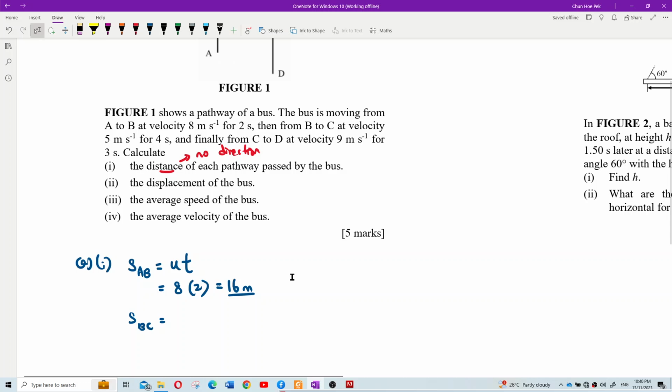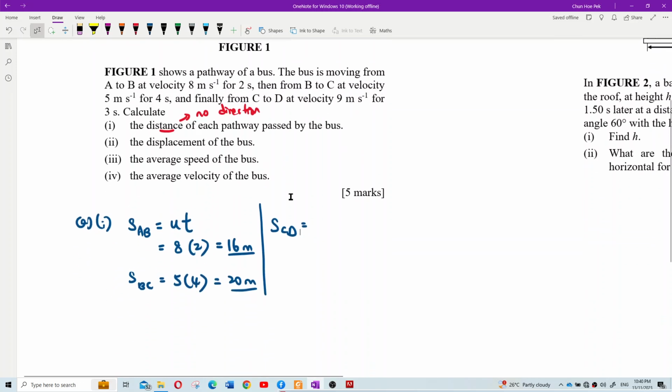So BC velocity times time, so 5 times 4, 20 meter. And then finally SCD. CD is how long? 9 times 3, so 27 meter. Okay, got it. Distance for each.